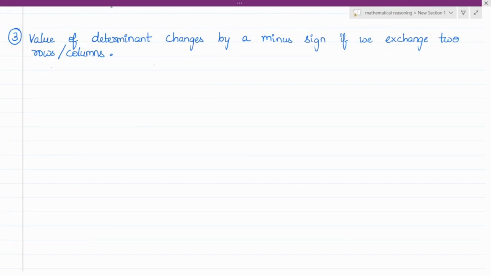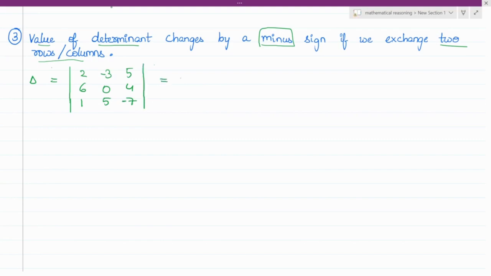The third property is that the value of the determinant changes by a minus sign if we exchange any 2 rows or 2 columns. For example, if the determinant delta is 2, -3, 5, 6, 0, 4, 1, 5, -7, let us calculate its determinant.